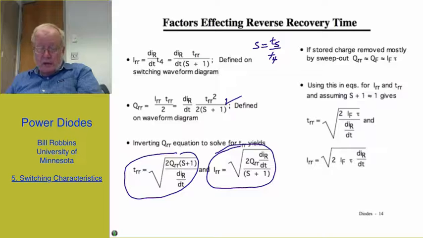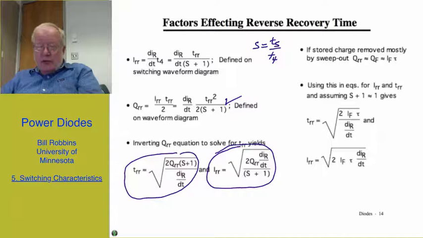So if you want short recovery times, you need to have very large dI_R/dt. Unfortunately, the reverse recovery current scales as the square root of dI_R/dt. So there's going to have to be a trade-off made between the desired T sub RR and I sub RR, and that is the trade-off that the diode user has to make.